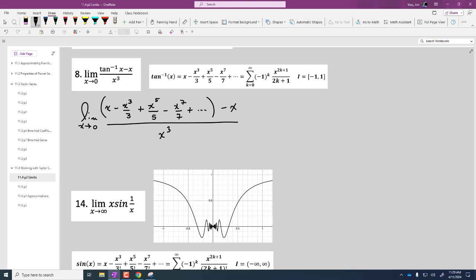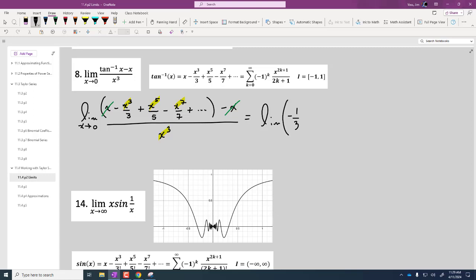Well, we treat this Taylor polynomial just like a polynomial, so this x and this x are going to cancel. And then we have to distribute this x cubed into the numerator. So it's going into all of those terms in the numerator, and we see that the first term is going to be -1/3.